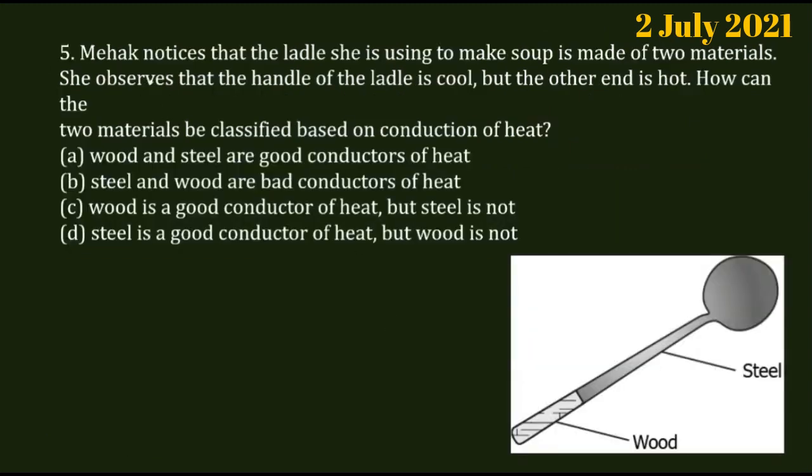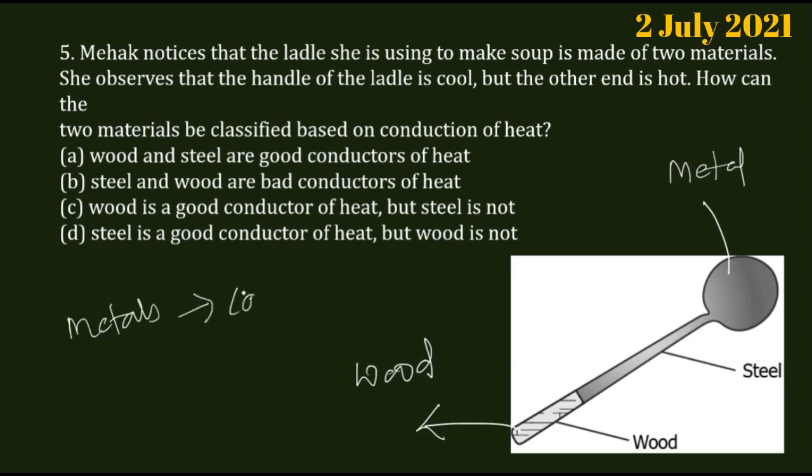Next one. Mehak notices that the ladle she is using to make soup is made of two materials. She observes that the handle of the ladle is cool, because it is made of wood and the upper portion is made of metal, and we know that metals are good conductors of heat, whereas wood is not a good conductor of heat.